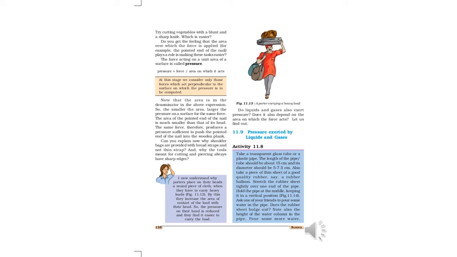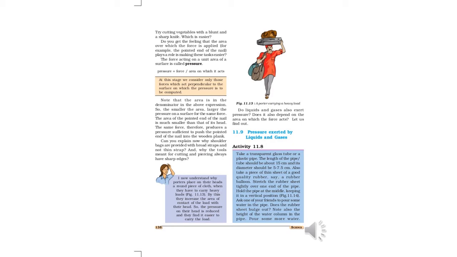And why do the tools meant for cutting and piercing always have sharp edges, like knives, scissors, blades, etc.? They have sharp edges so we can cut materials like fruits, vegetables, clothes, paper, etc. with less force. The cutting and piercing tools have a very small area of cross section, which leads to increased pressure with less force.